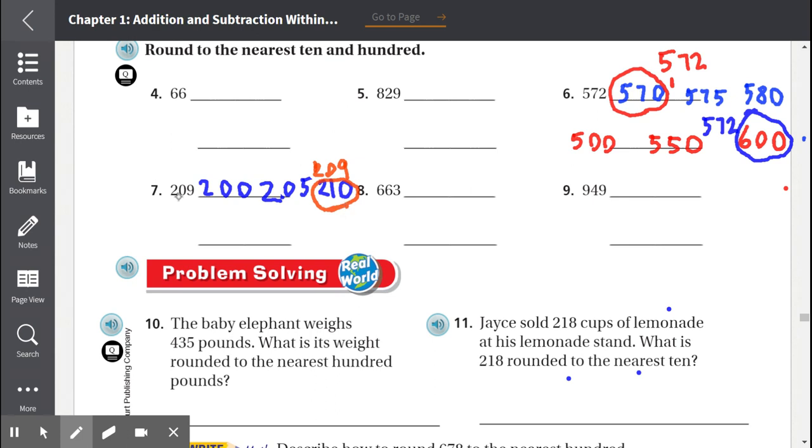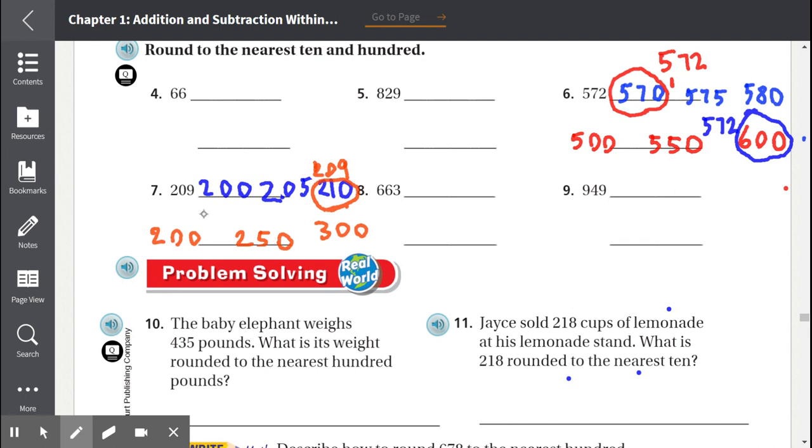Now let's round 209 to the nearest 100. So 209 would be between 200 and 300. Now we have to find which one it is closer to by finding the number in the middle. The number in the middle of 200 and 300 is 250.